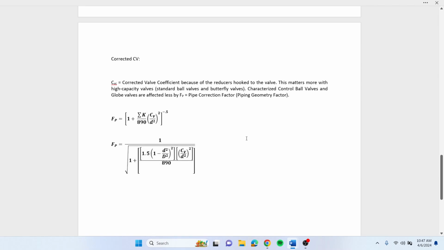But if I went down more than 2 pipe sizes, then it derates the CV of your valve because of the flow issues with the reducers. So in this case, a valve that's rated at 20 CV might be derated to 0.9, so 90% of it. Then you might end up having to use a different valve.